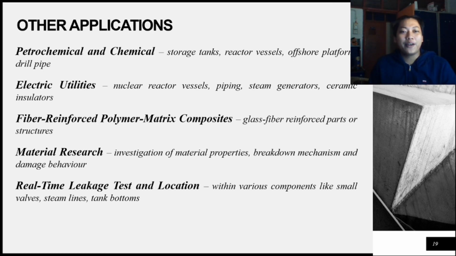Next is fiber reinforced polymer matrix composites for glass fiber reinforced parts or structures. And we have material research for investigation of material properties, breakdown mechanisms, and damage behavior. And lastly, real-time leakage test and location within various components like small valves, steam lines, and tank bottoms.